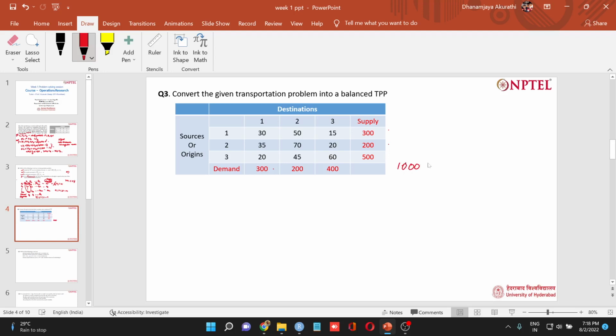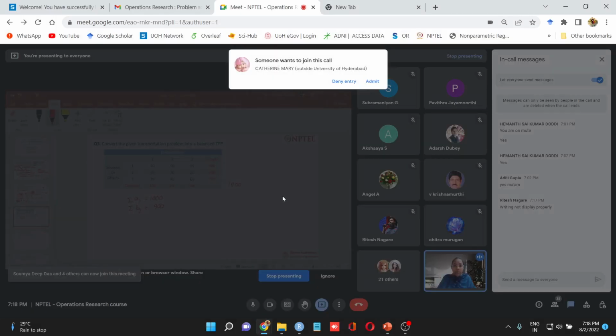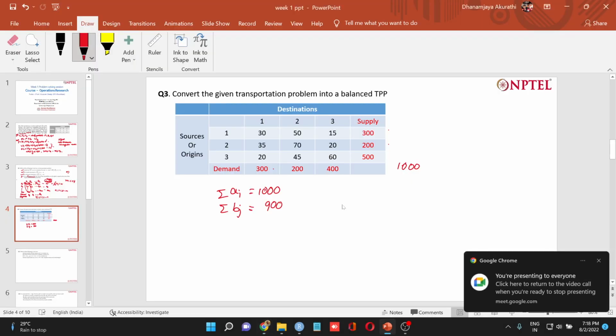The sum of the supply, summation Ai, is equal to 1000, and the demand, summation Bj, is 300 plus 200 plus 400, which is 900 only. So we can say that it is an unbalanced transportation problem. Now we need to convert it into a balanced one.